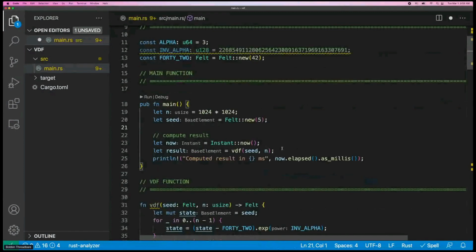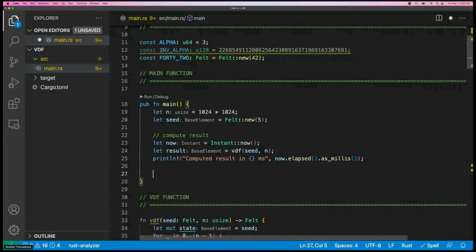In theory, this is not required if we do everything correctly, because we'll get the result by building an execution trace. But here, just to see how long it takes to compute the VDF, we can, without building a trace, just run it separately and get the result and see if we actually coded things up correctly.